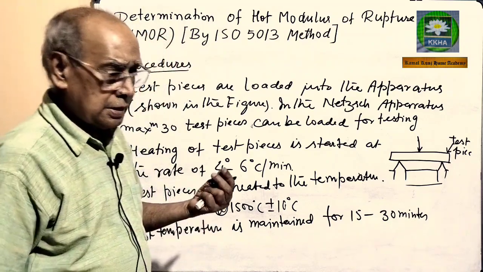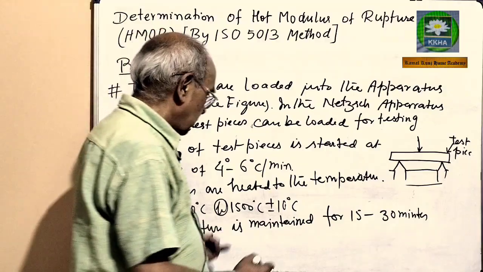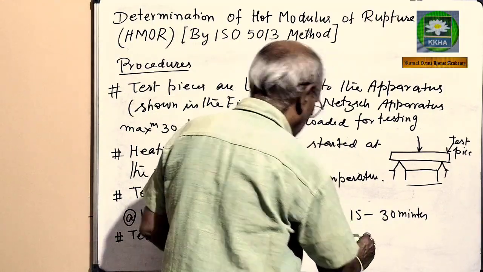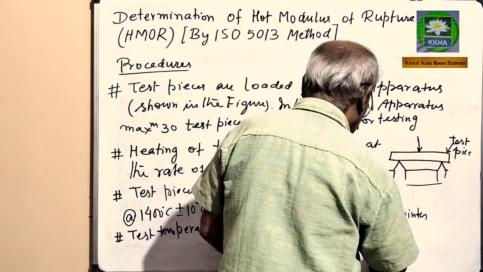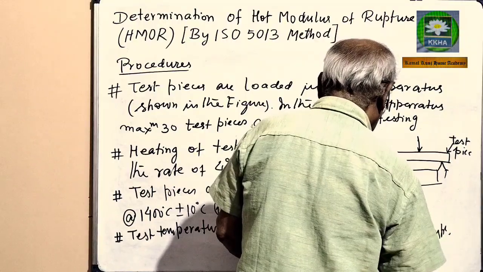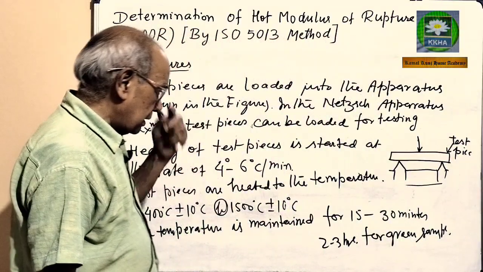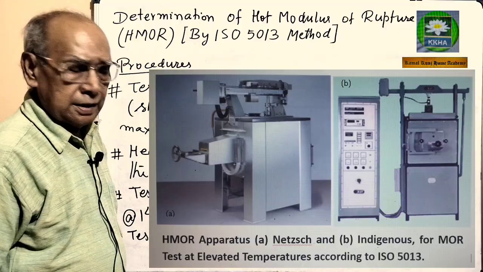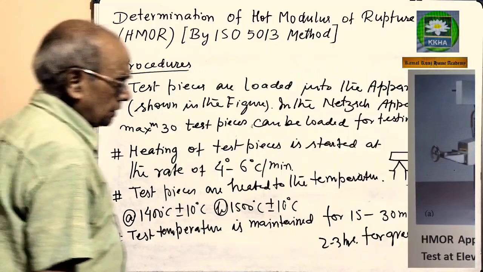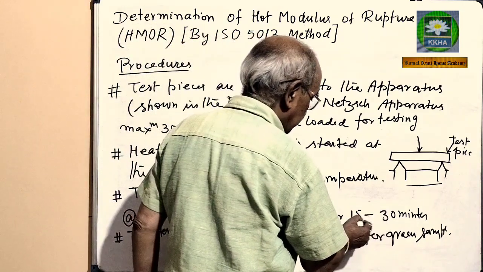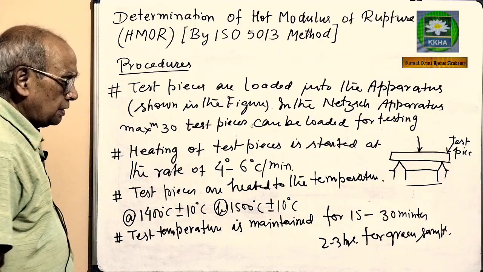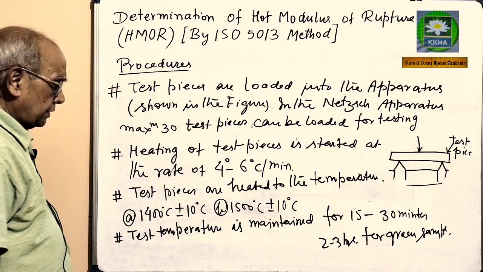If it is green samples, soaking time may be up to 2 to 3 hours. If test pieces are fired, generally fired at 1500 degrees Celsius, then soaking time during test is given 15 to 30 minutes. Otherwise, if green samples are loaded, then soaking is done for 2 to 3 hours.